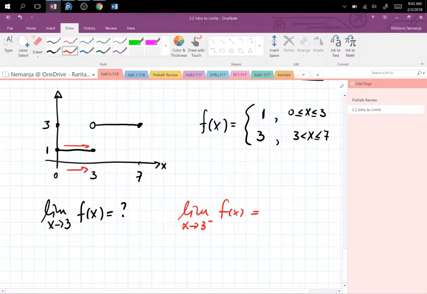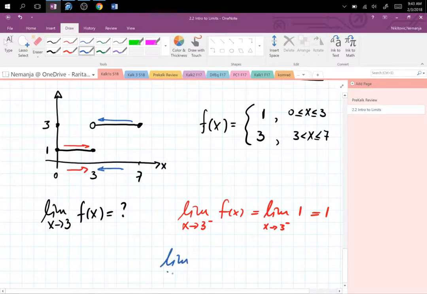To the left, f of x is 1, so I'm going to plug in what f of x is, and then we see that we get 1 as the answer for y. And it's clearly 1 because it's constant. Approaching 3 from the right is you going on the other line.